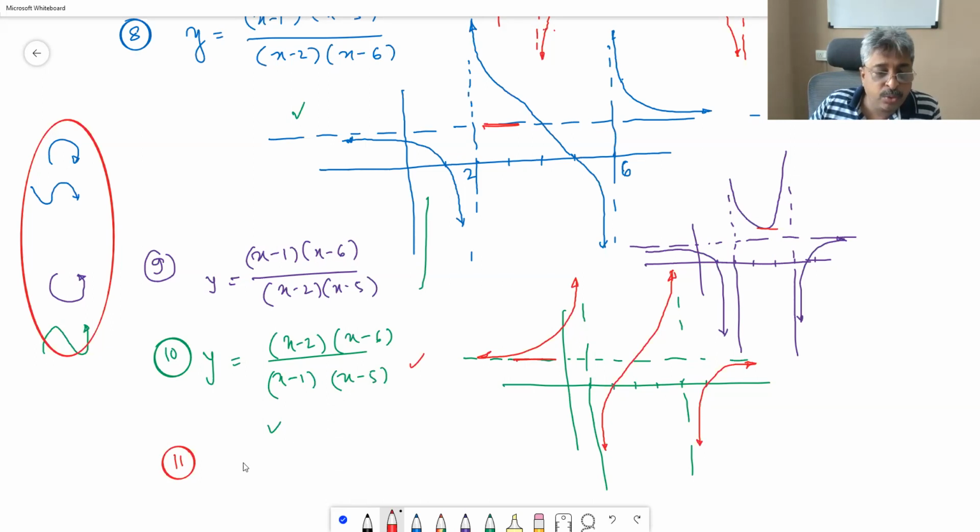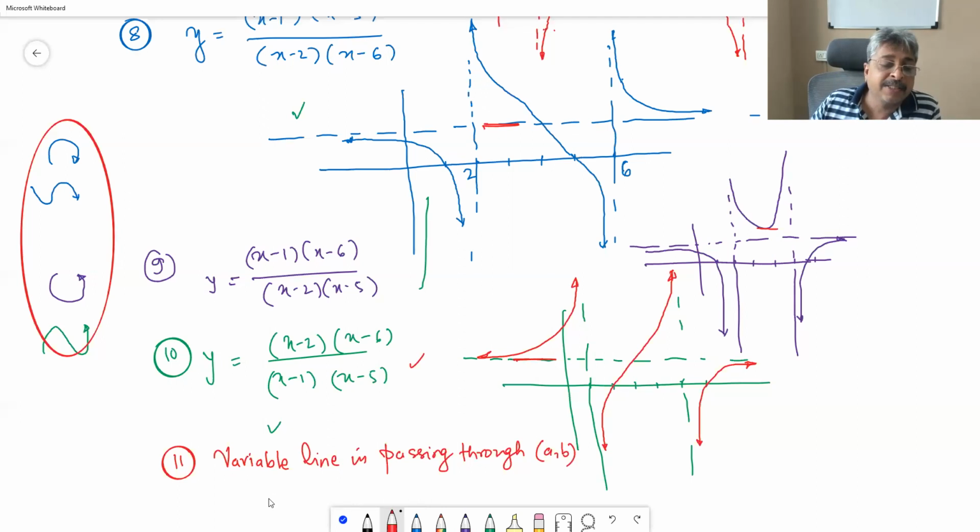A variable line is passing through (a, b).